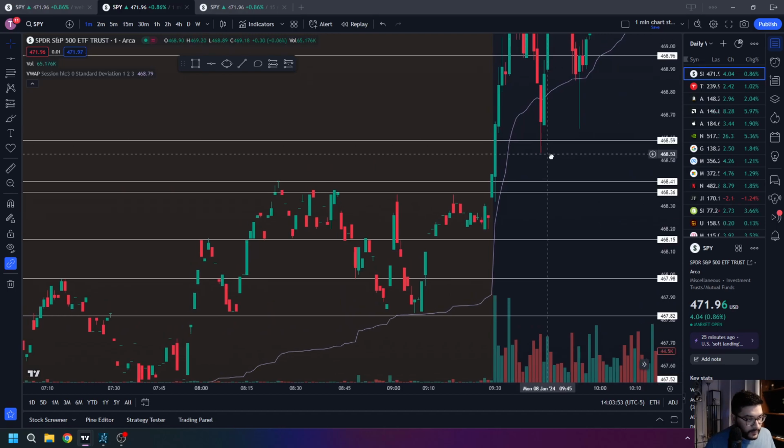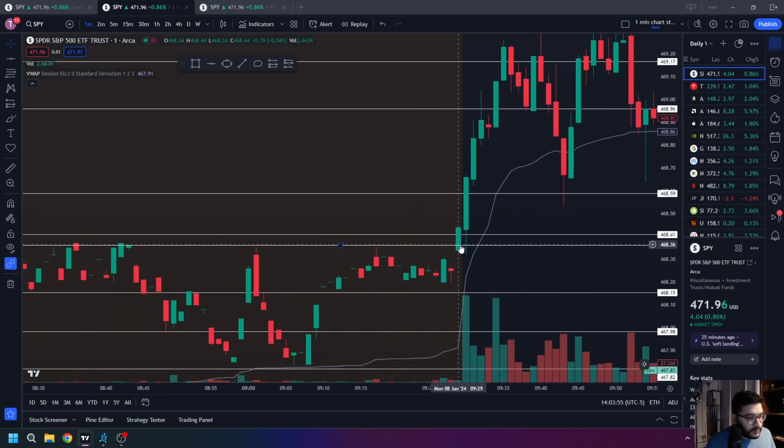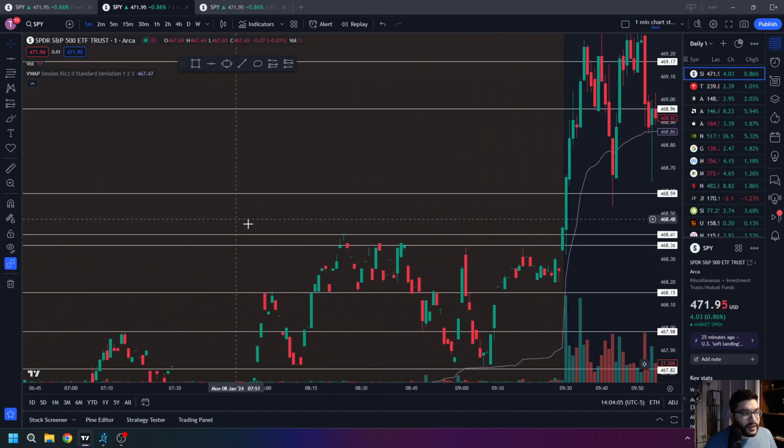So what happened was it closed above these two lines at 9:29. Okay, at 9:29 it closed above it, and at 9:30 we saw this huge candle up. The thing is, I don't have any data over here, so I wanted this candle to break the resistance of 468.59 and close above that resistance.